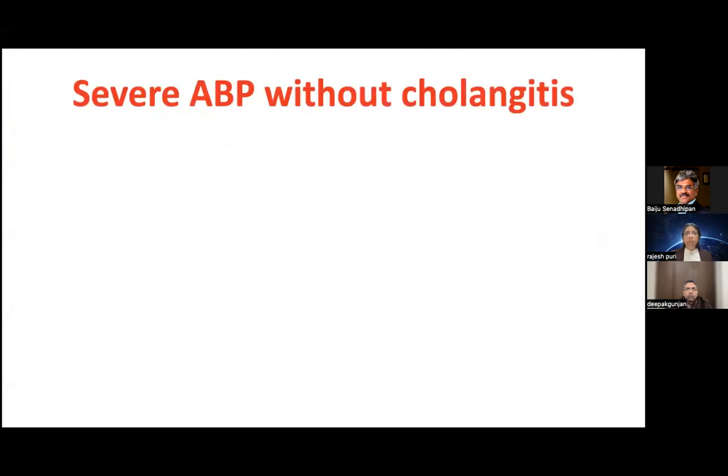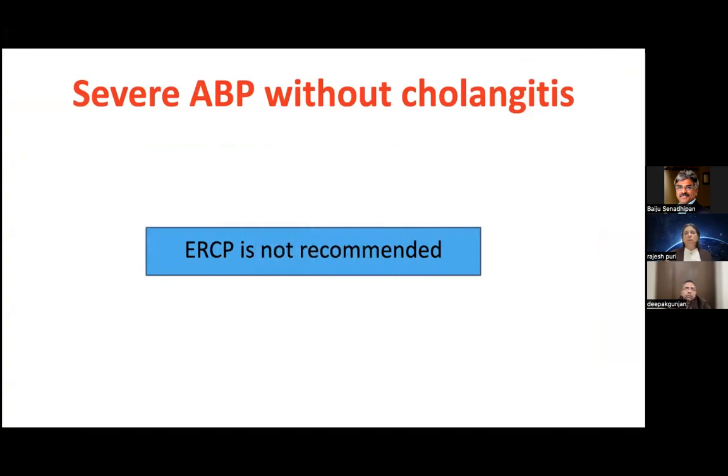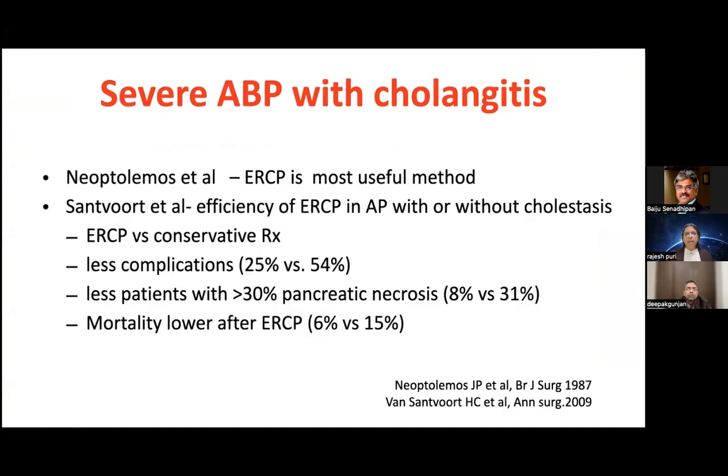So the jury is out in severe acute biliary pancreatitis without cholangitis. ERCP is not recommended. So any patient of acute biliary pancreatitis, even if he is jaundiced, that doesn't mean that he warrants an ERCP.